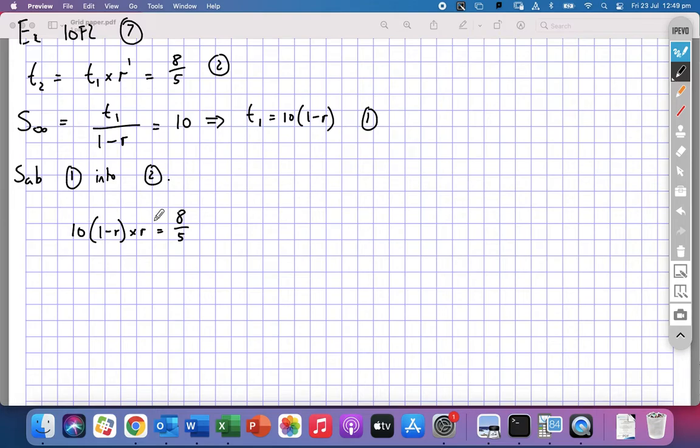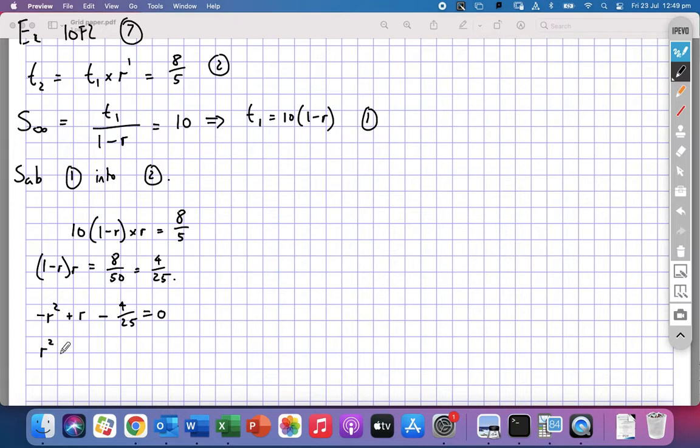Let's divide both sides by 10. 8 on 50, that's the same as 4 on 25. So we're going to get a quadratic, minus R squared. The question says show that there will be two solutions. Well, you should be expecting that if you've got a quadratic.